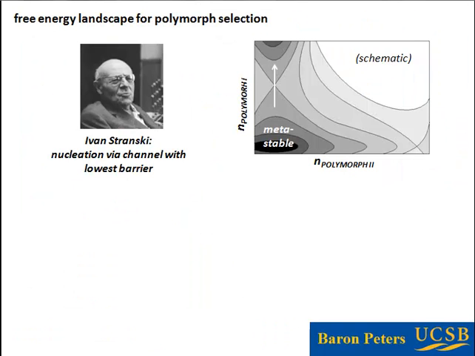When most people think about polymorph selection, they'll tell you that it's governed by Ostwald's rule of stages. Ostwald's rule of stages says that you start with the metastable solution, and you first precipitate out a polymorph that is metastable, and then maybe you have a transformation that converts that metastable polymorph into a more stable polymorph. So these are the stages of nucleation according to Ostwald's rule of stages, going downhill in the sequence from metastable polymorphs to more stable polymorphs.